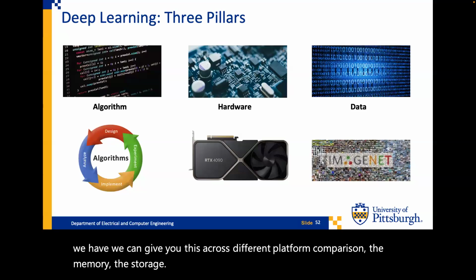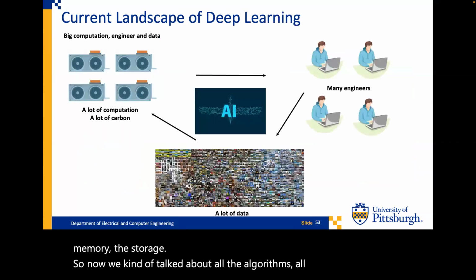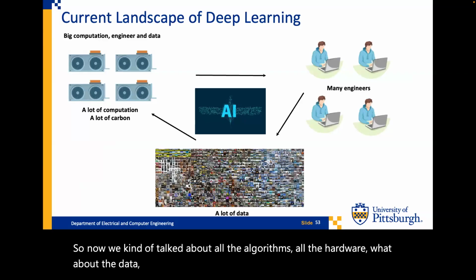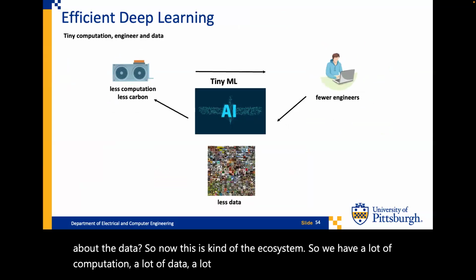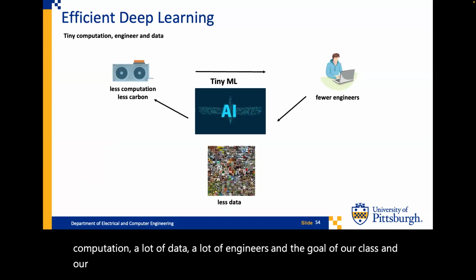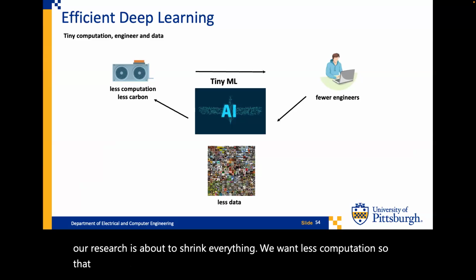So now we have talked about all the algorithms and all the hardware. What about the data? This is the ecosystem. We have a lot of computation, a lot of data, a lot of engineers, and the goal of our class and our research is about shrinking everything. We want less computation so that we have less carbon emission.